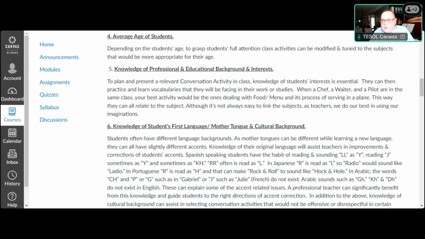How would you create a lesson that would fit all of those people? Well, there's a suggestion here, and that is that the best kind of activity would be ones dealing with food, menus, and the process of serving food on an airplane. So that way you could relate to all of the people in the classroom, and it becomes a valid exercise for each of them.